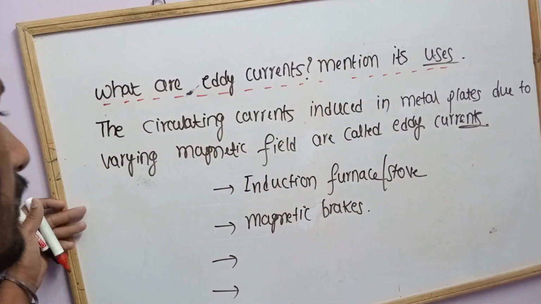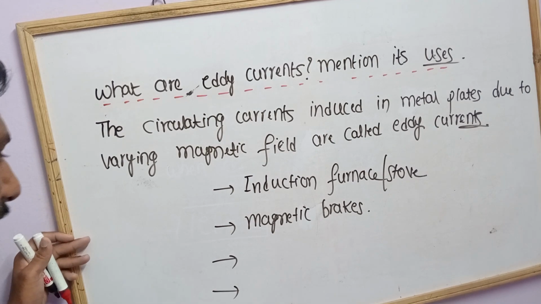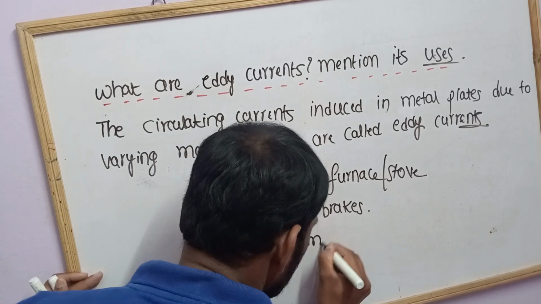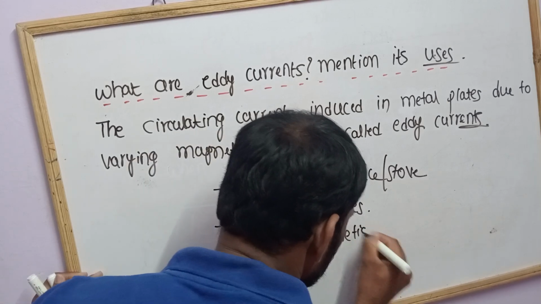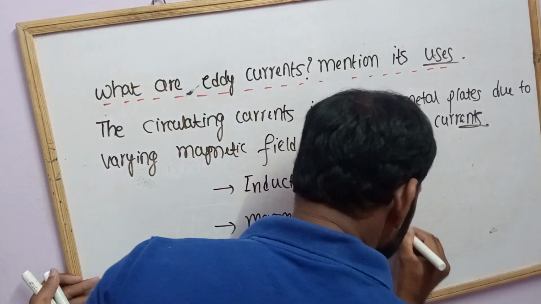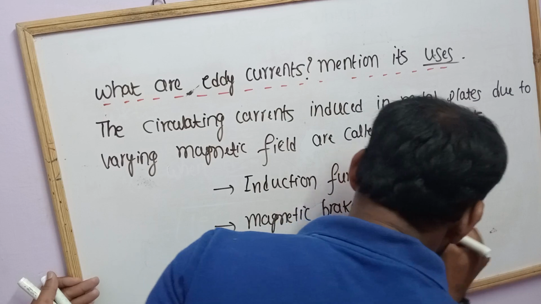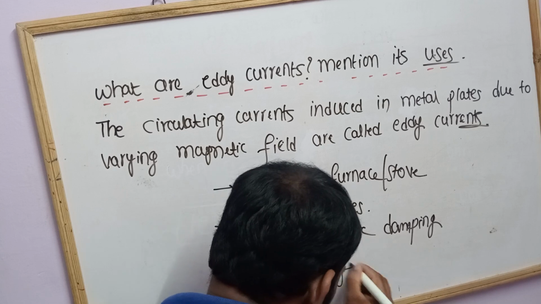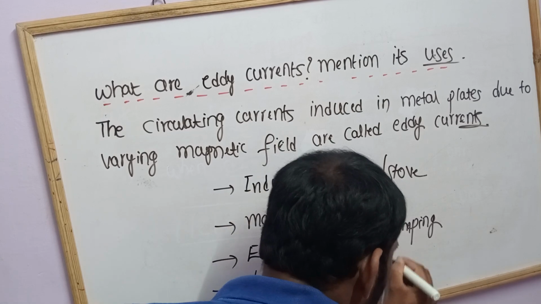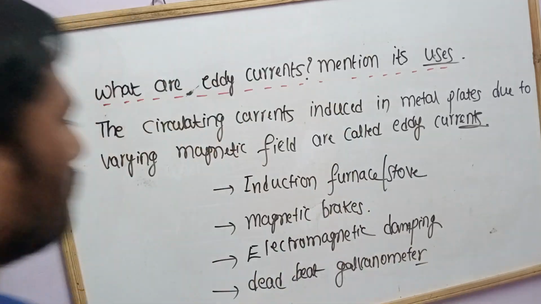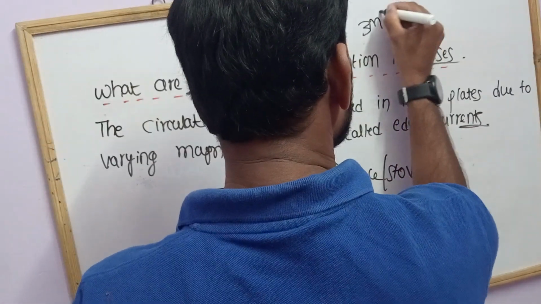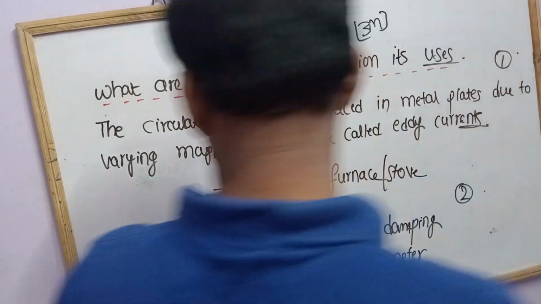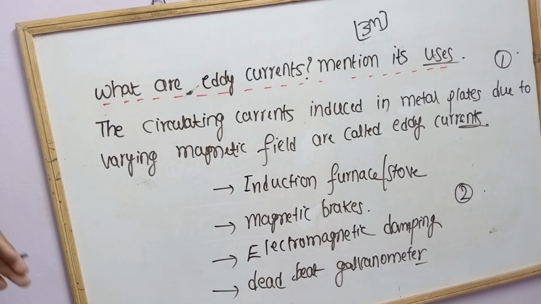Induction furnace, magnetic brakes, electromagnetic damping, and deadbeat galvanometers. You can write any 2 or 3. Anyway, maximum they will ask for 3 marks only. For the definition 1 mark, you can just write any two uses, 1 plus 2, 3. So these are the applications of eddy currents.